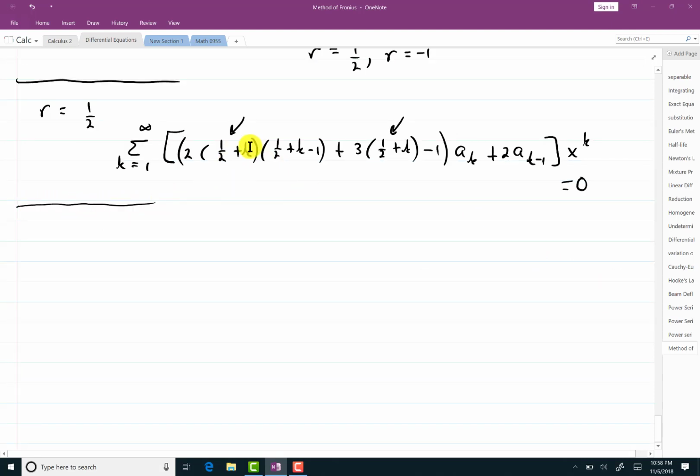Before just multiplying out, I'm going to notice here, I put little arrows here to indicate that I have 1/2 plus k common to both pieces. So I'm going to factor that out. So I'll pull that out.